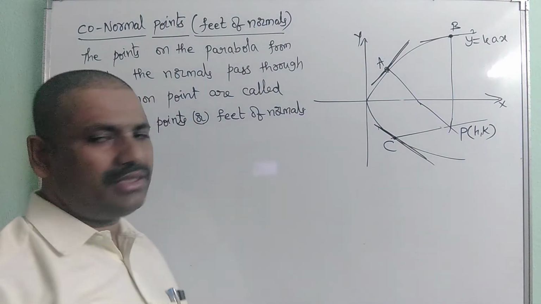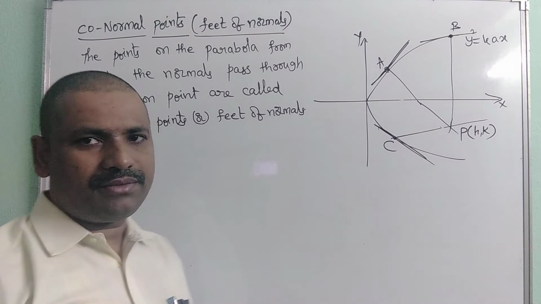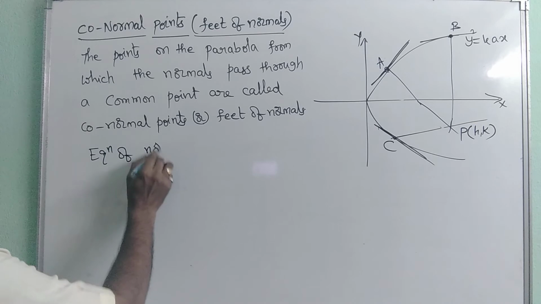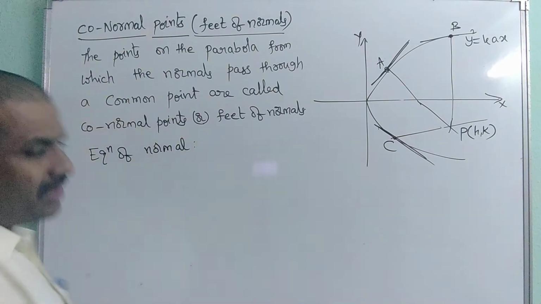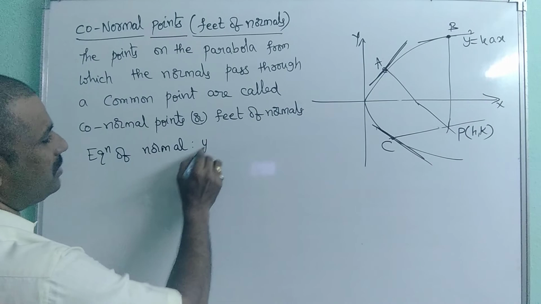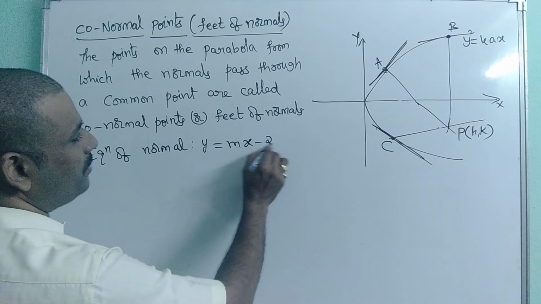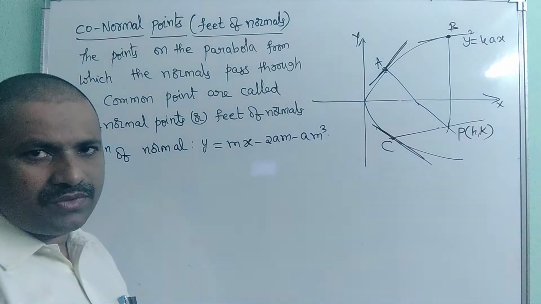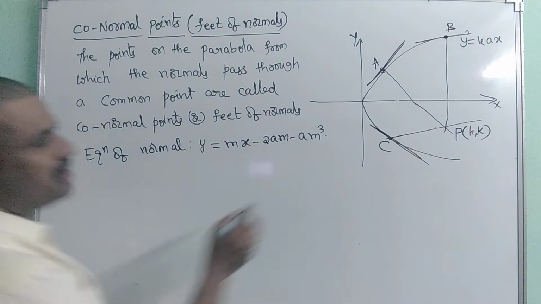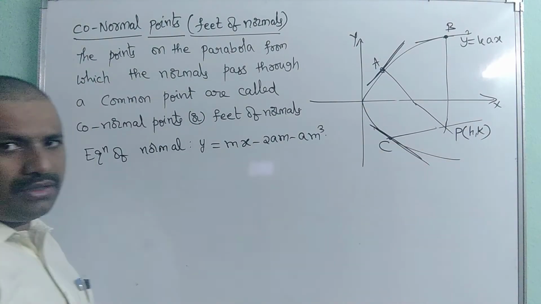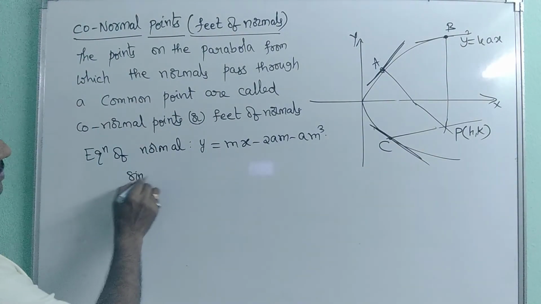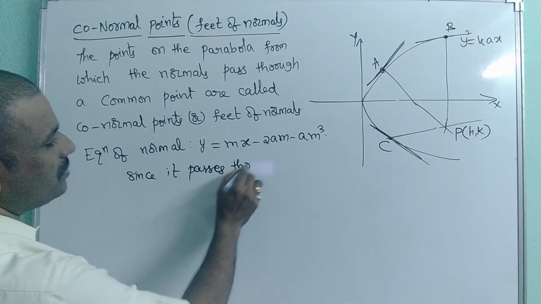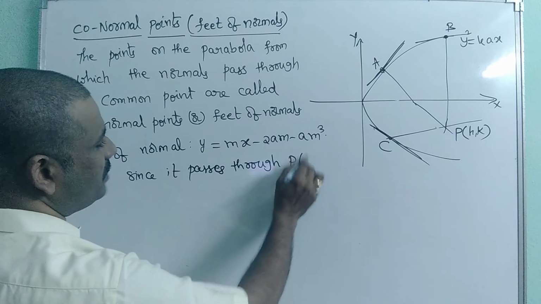Now what is the equation of normal? Let us take it in slope form: y equal to mx minus 2am minus am cube. Now, these normals pass through the point P of h comma k.